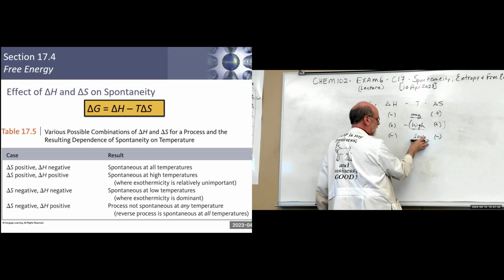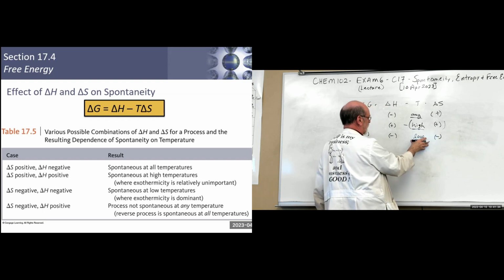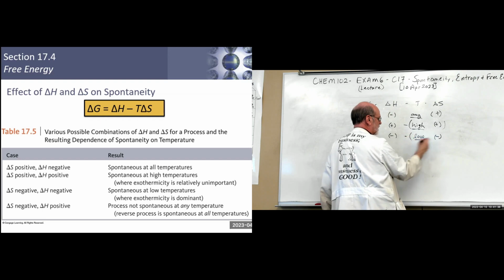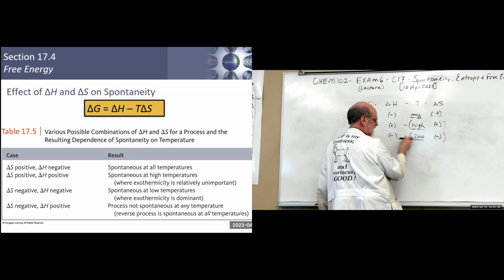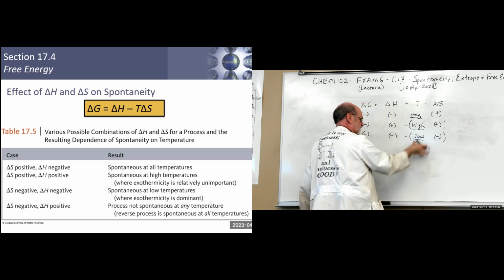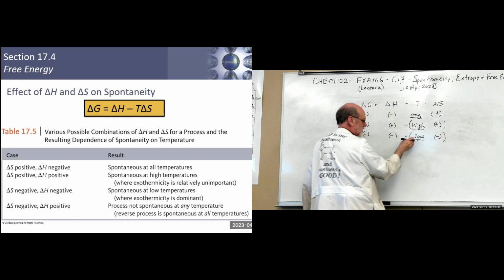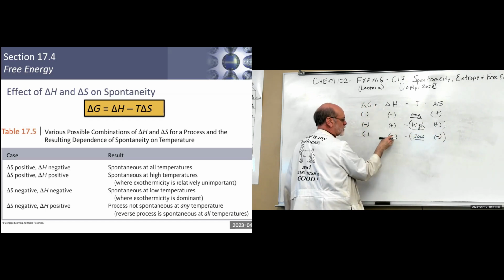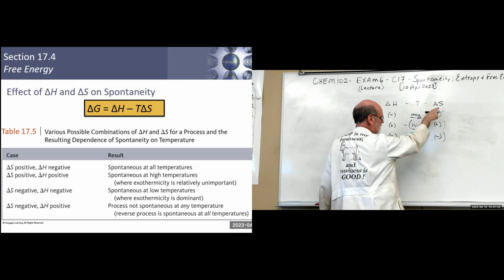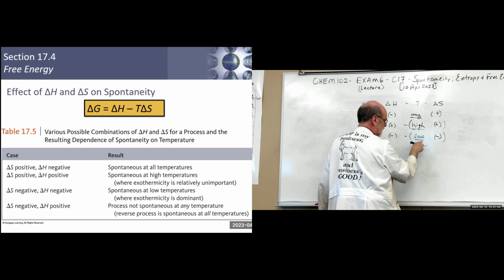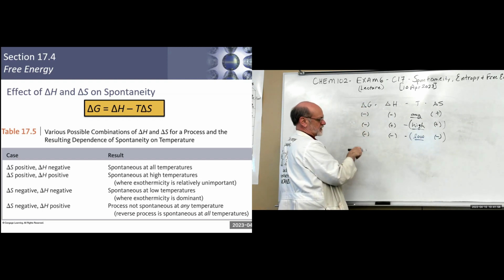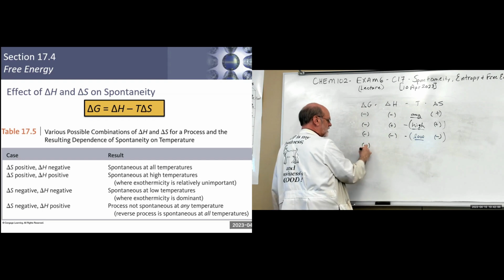So we need a low temperature here, which keeps this negative, but doesn't offset it by multiplying this value times a negative, which would make a positive. So this whole term would be positive. So we need to minimize. That means at low temperature, if you have an exothermic reaction and the entropy is negative, then you need a low temperature to give you a spontaneous process.